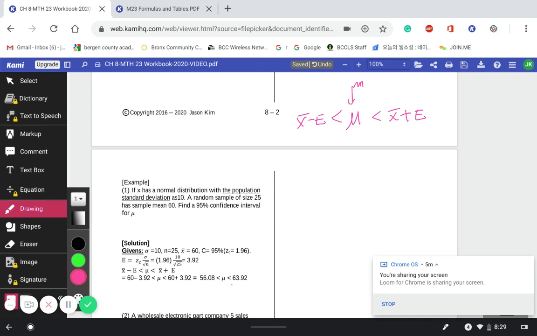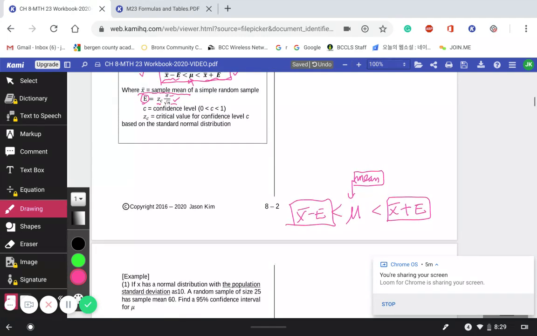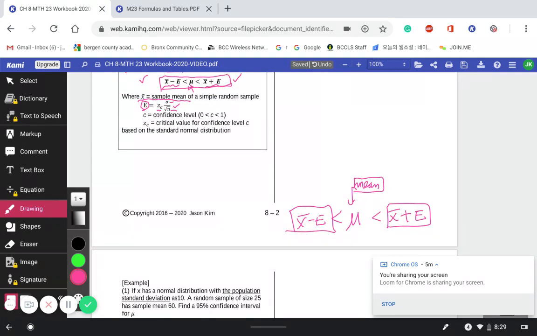Okay. So when we are done, the mean value will have a range between this and this. Again, what was X bar? X bar was a sample mean. What was E? Well, you have to find the E by using a particular formula.